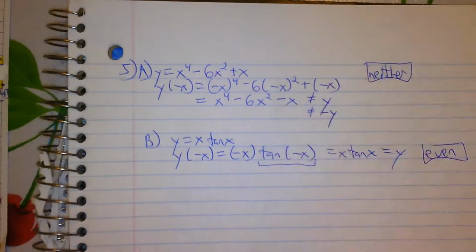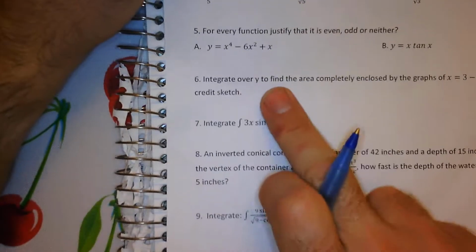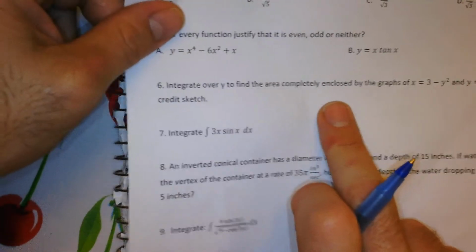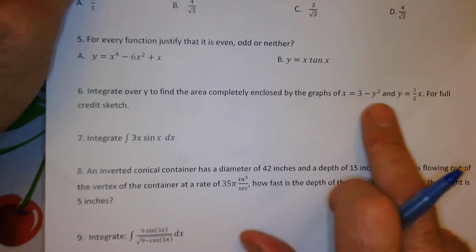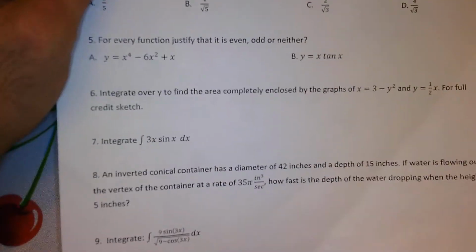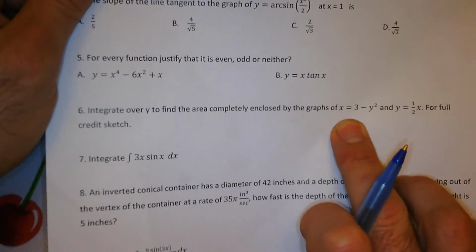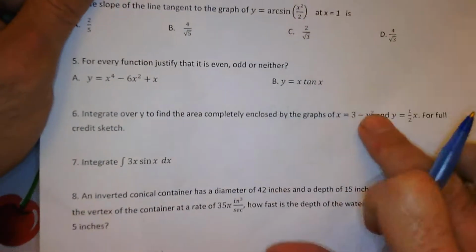All right, question number 6 says, integrate over y to find the area completely enclosed by the graphs of x equals 3 minus y squared, and y equals 1/2 x. And you must sketch for full credit. Great. This here is a sideways parabola, shifted to the right by 3, facing this way because of the negative sign.